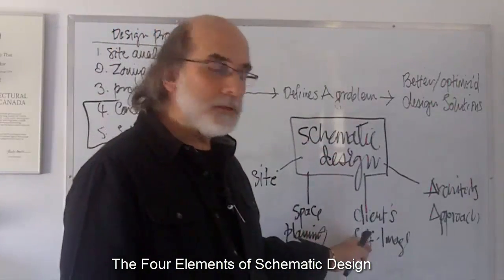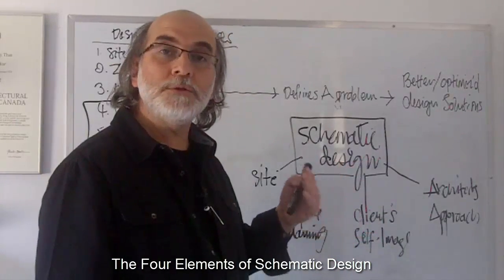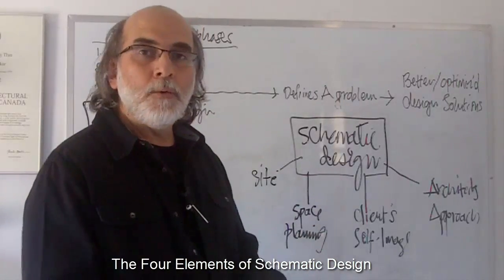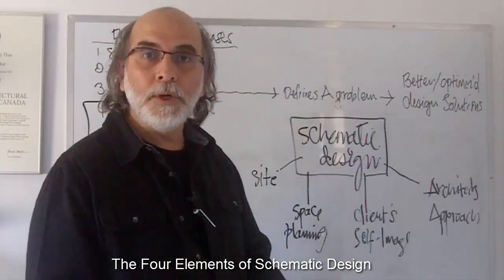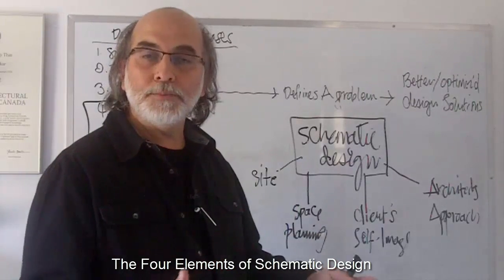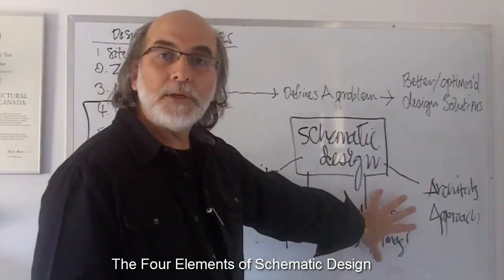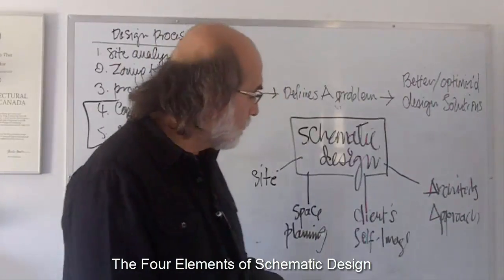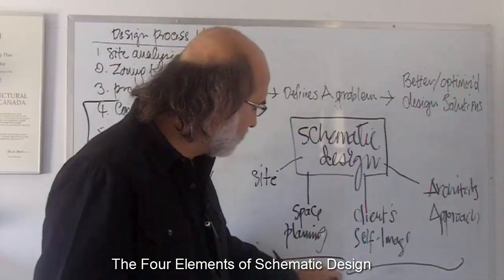It is the client's self-image, what they want to see, what their image in society, in the context, whether it's a personal image such as a personal home, or a business image like a corporation, a hospital, an office building, a condominium. What is the client's image of his or her building? And then finally the architects. Those are the elements of a schematic design.